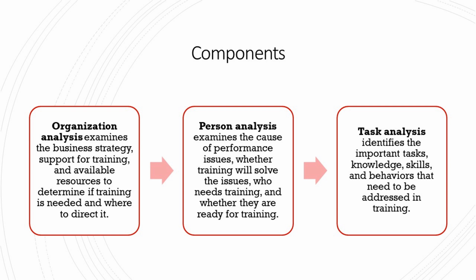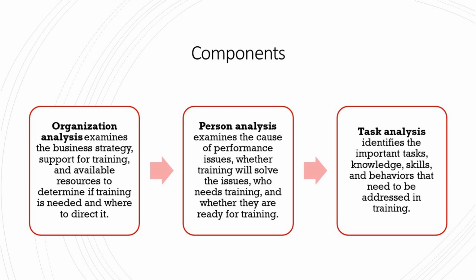Through organization analysis, we determine if training is necessary by considering the business strategy, the support that top leaders and managers provide for training, and the resources that are available for training, resources including time, money, expertise, and so on. Person analysis tries to identify the cause of performance deficiencies and determine whether training could improve them.